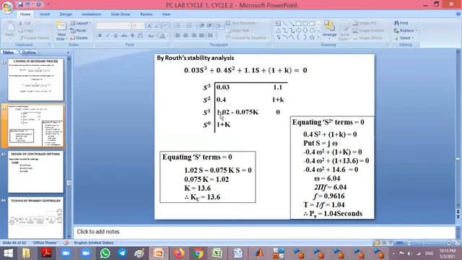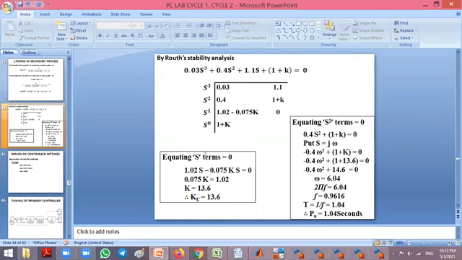Now you do the Routh multiplication and you find the S1 row. Okay, cross multiply and divide by 0.4. I think you will be knowing this. So it is 1.02 minus 0.075k, 0, and for S naught it will be 1 plus k. We don't need S naught, I'm just doing that for completing the table.